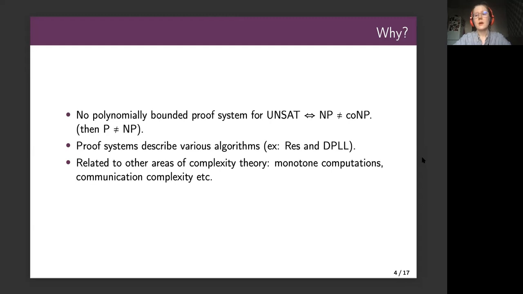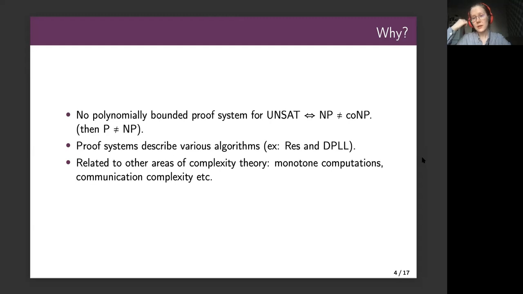Cutting planes describes combinatorial optimization, and there are many more examples like this. Also, proof complexity is closely related to other areas of complexity theory, such as monotone computations, communication complexity, etc. And in my talk, I would like to focus on the connection between proof complexity and some weak computational models.